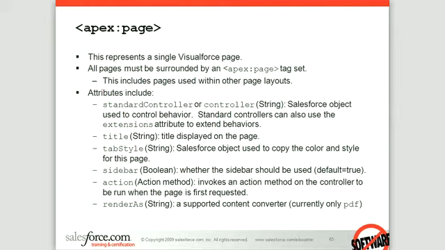Some of the other attributes: you have the standard controller and the controller. Standard controller is the name of the object. That's the one that's built for you. Controller is the name of your Apex class. Title is what to display across the title bar of the web browser. Tab style, you can reference another style associated with an object. Sidebar, turn it off. Then there's the action attribute, where we can do some action binding for the page.